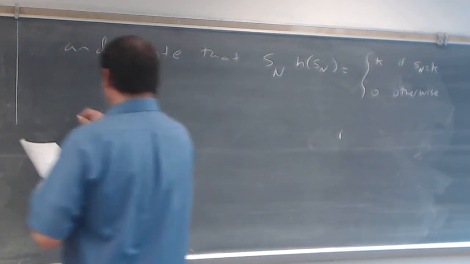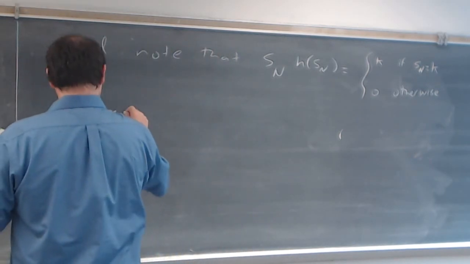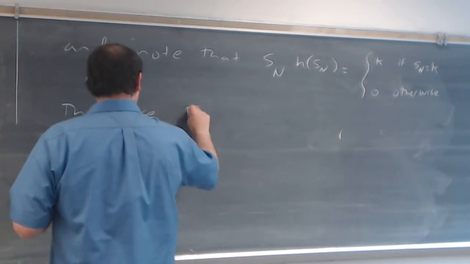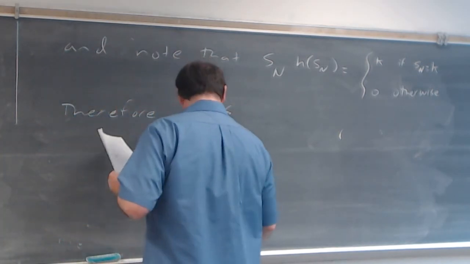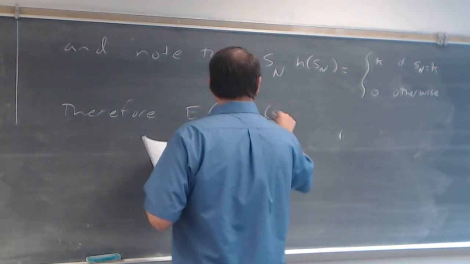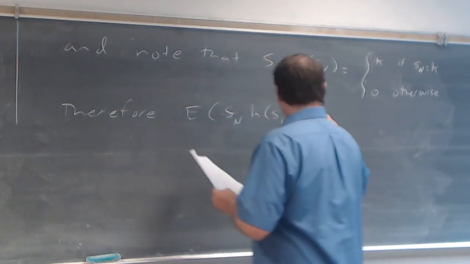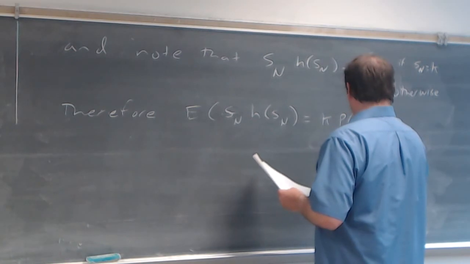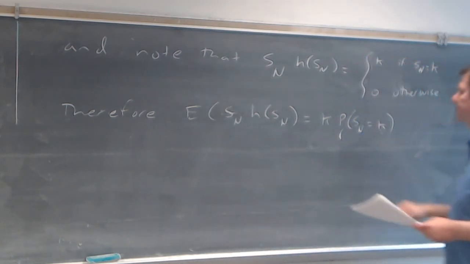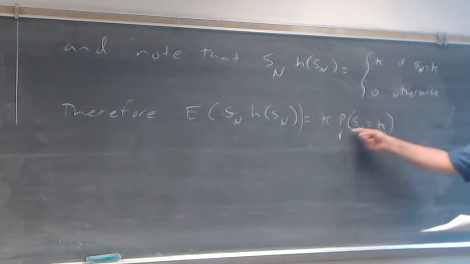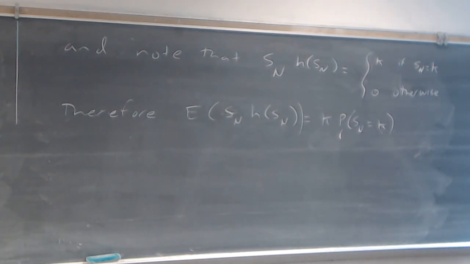Okay, therefore, the expected value of S sub n times h of S sub n is going to be equal to k times the probability that S sub n equals k. So we can think of this as, in some sense, a discrete random variable, and here's the answer for its expected value.